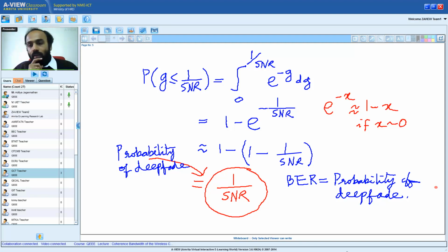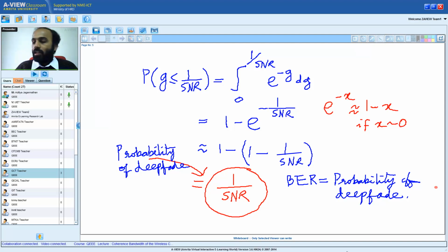So the significant event in a wireless communication system is the deep fade event. The deep fade event basically says that the received signal power is lower than the noise threshold. And what is the probability of that deep fade event? The probability of a deep fade event is 1 over SNR, which is also basically equal to the bit error rate of the wireless communication system. I hope that part is clear.